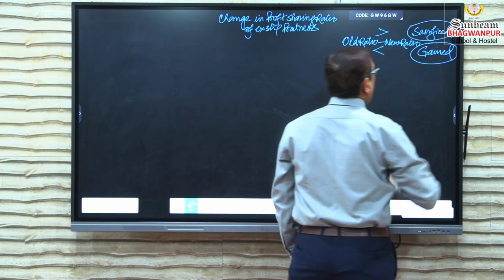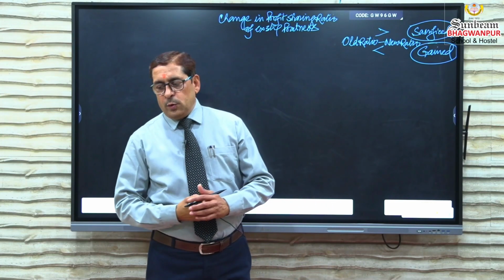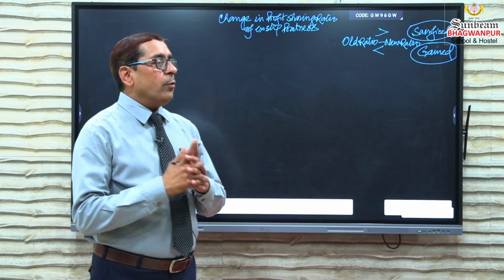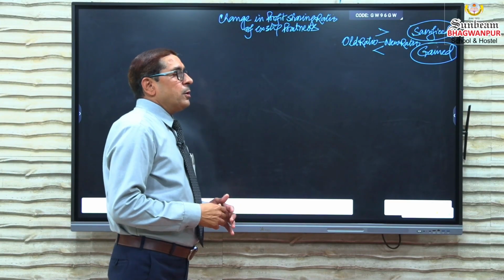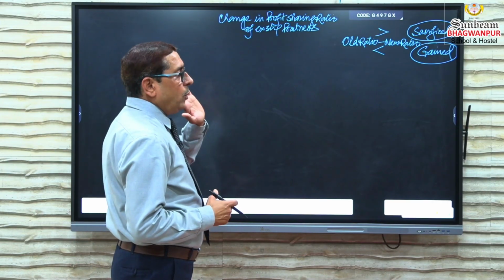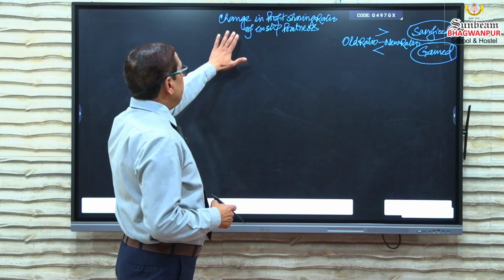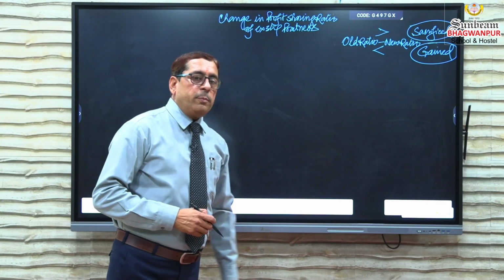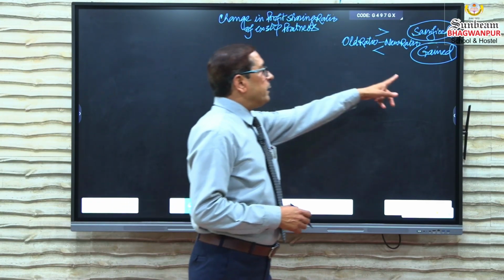Which partner has gained, which partner has sacrificed, that you need to find out first, because when we are going to make the accounting treatment of this change in profit sharing ratio of the existing partners, we need this.